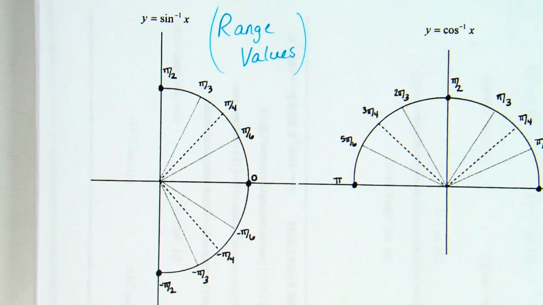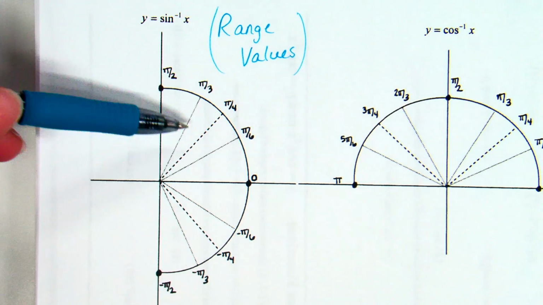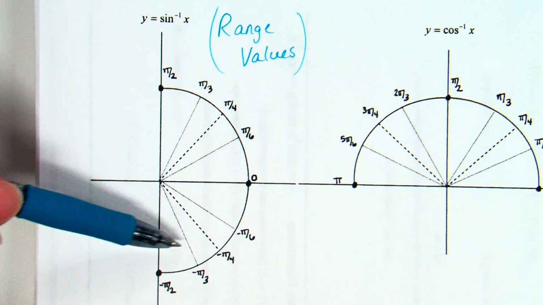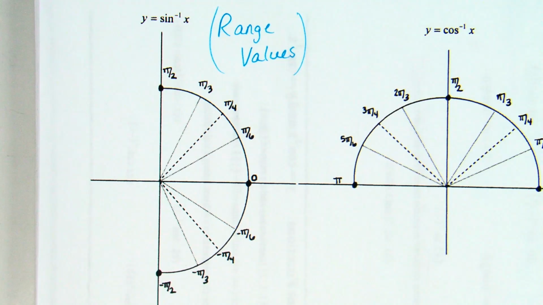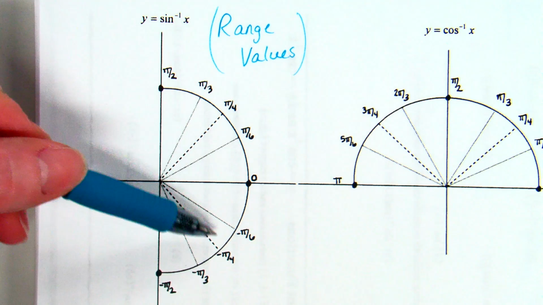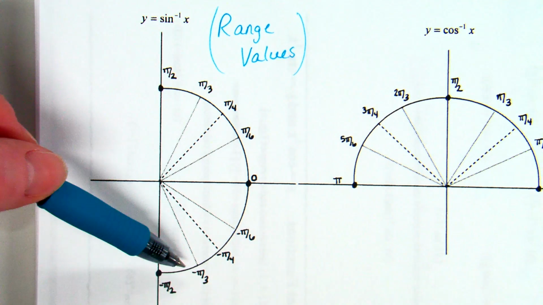You won't be able to give me a sine inverse answer that's over here in quadrants 2 or 3. You'll have to be in quadrant 1 or quadrant 4. However, notice, how is quadrant 4 labeled? Is that the typical labeling on quadrant 4? Now, quadrant 4, we would typically have the angles leading up to 2 pi, but this is as if you were at 0 and you were counting down. And so if you're giving me an answer in quadrant 4, you have to use one of these angles, not what it would be equivalent to on the normal unit circle.